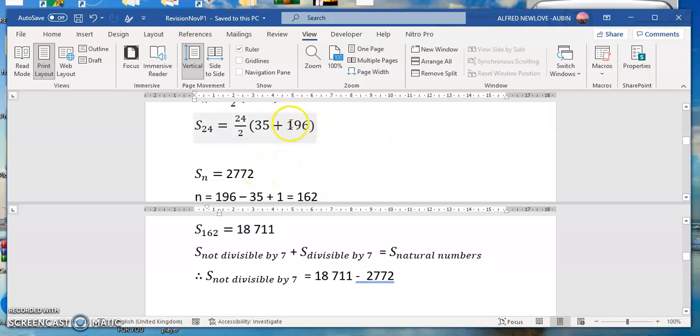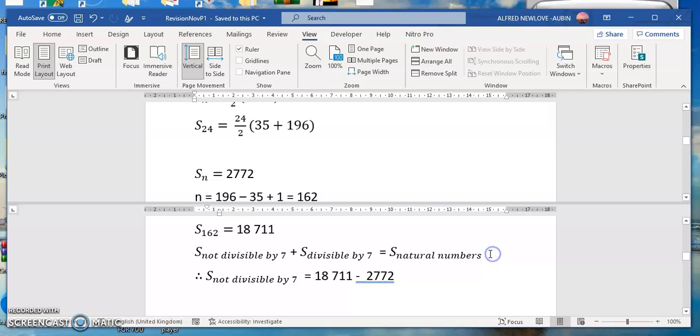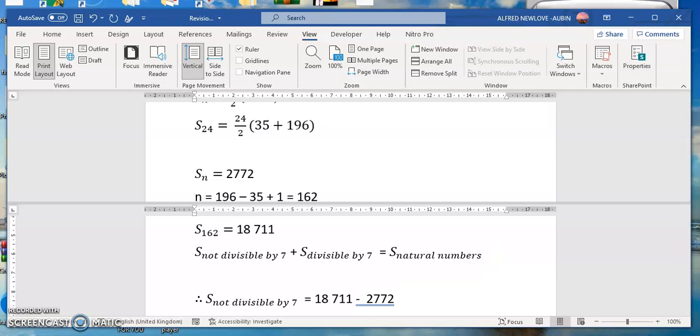If you even check the last term, let's check whether it's divisible by 7. 196 divided by 7, what does it give you? 28. So you check all of it, that they are all divisible by what? 7. So if I transpose this to this, it's going to subtract. So you are going to have the formula this way.